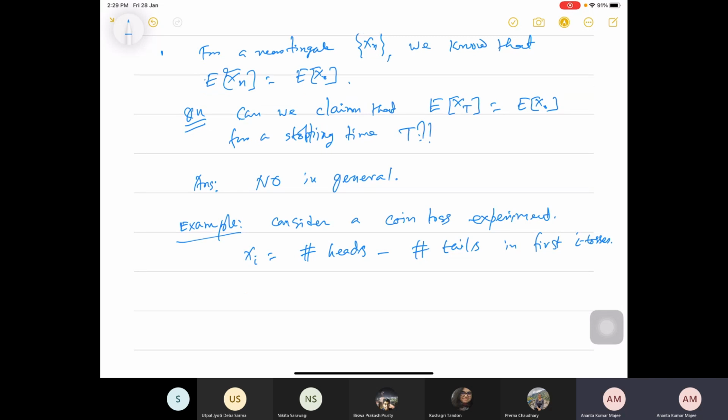So you toss a coin, and X_i, which is the number of heads minus the number of tails in the first i tosses, is my random variable. Then you check this X_i. Actually, it's a martingale.